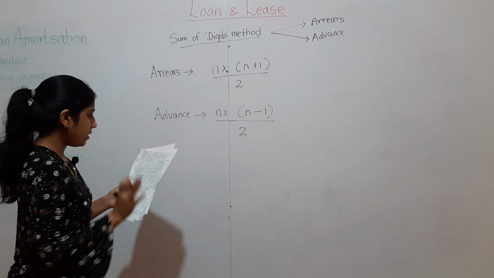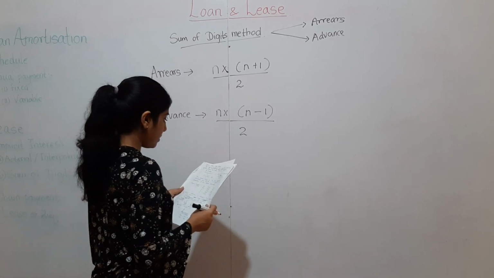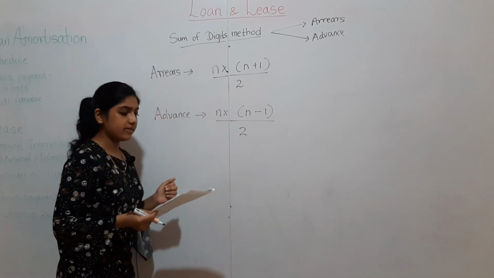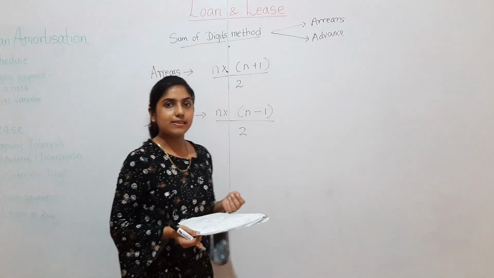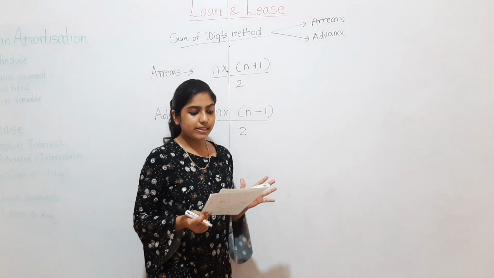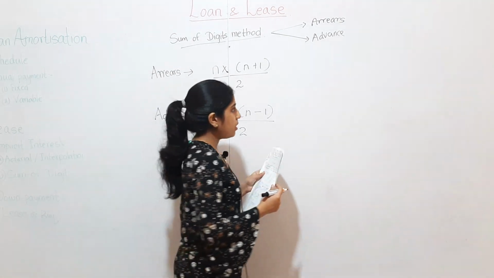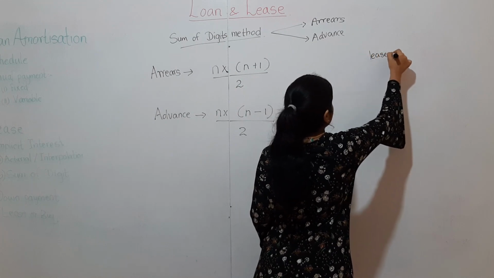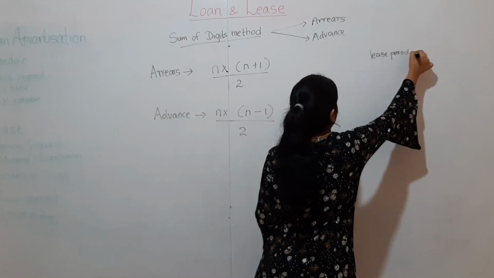Now, let's use the same example that we used previously. Previously we know the lease period was 5 years.